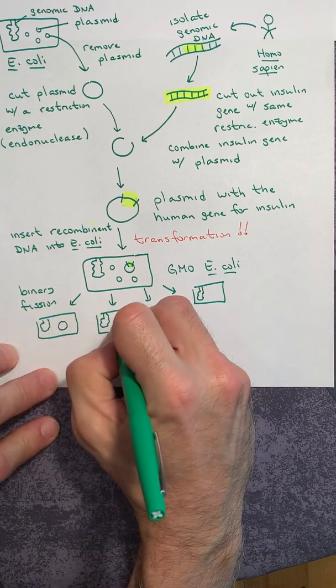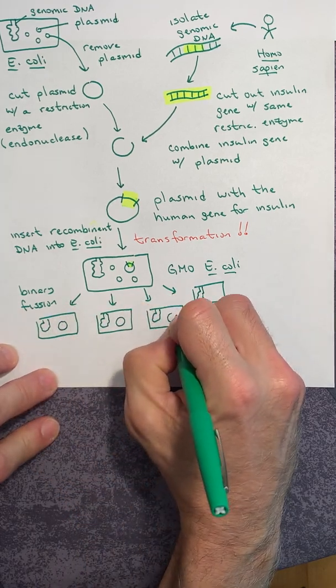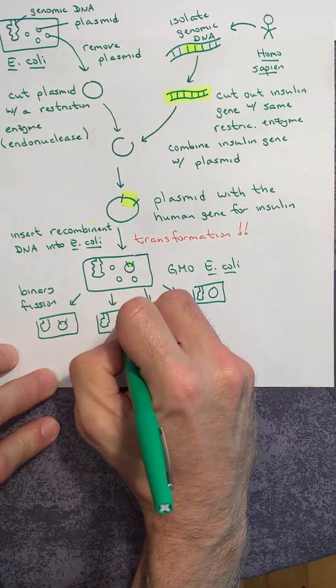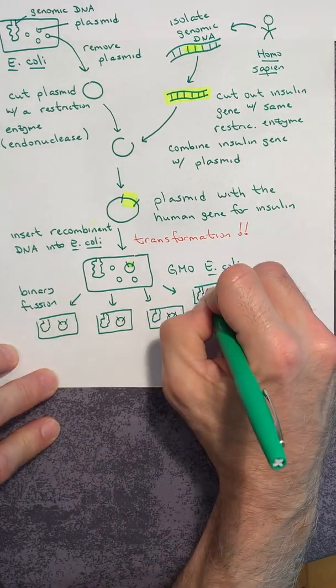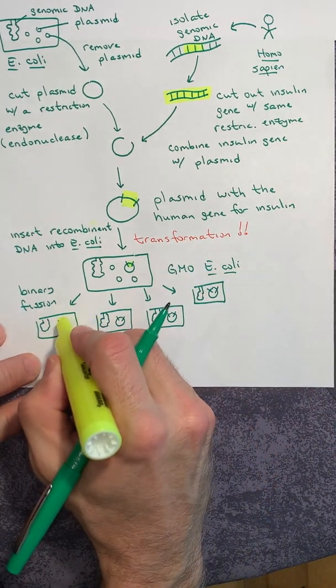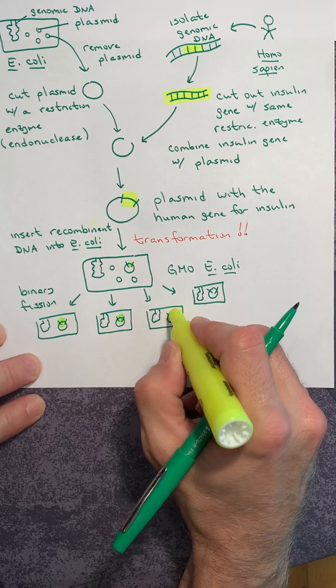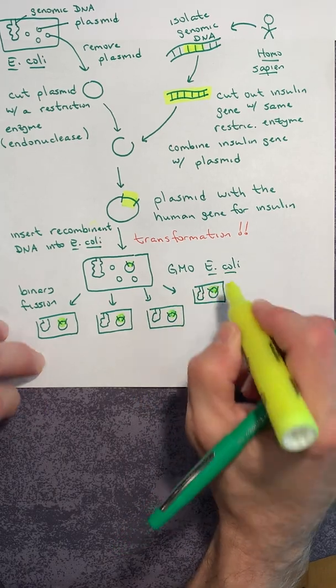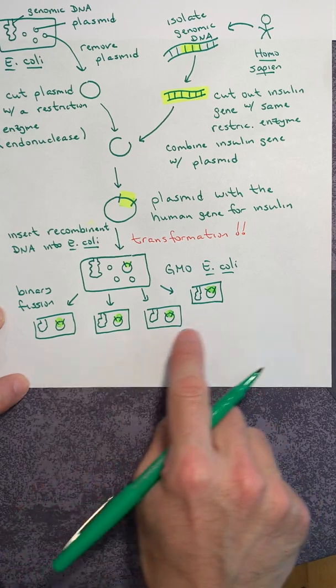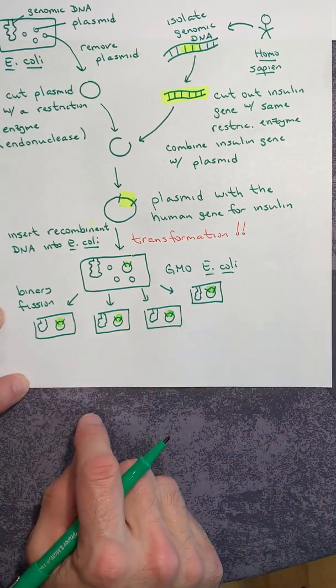But what does each cell contain? That's the important part. Each of these cells that's produced from binary fission has that insulin gene from the original cell. Okay, so now all of these cells are also GMOs.